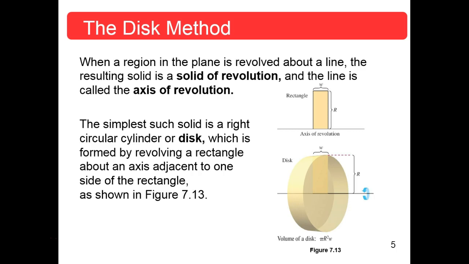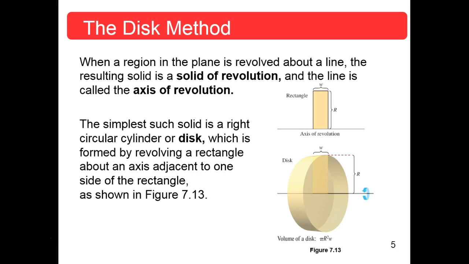Okay? Now that's pretty straightforward and fairly simple based on stuff not even from pre-calculus, but stuff from way in the past, if you've done any geometry and stuff like that. That's the volume of a disk. Okay? Now the simplest such solid is a right circular cylinder.